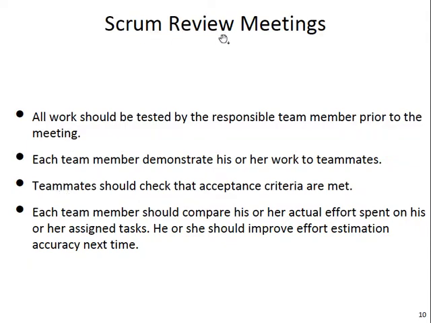In the Scrum review meeting, which happens at the end of the sprint, the person responsible for each user story should demonstrate their work to the entire team, and the PO, the product owner, can check and see that the acceptance criteria are met.